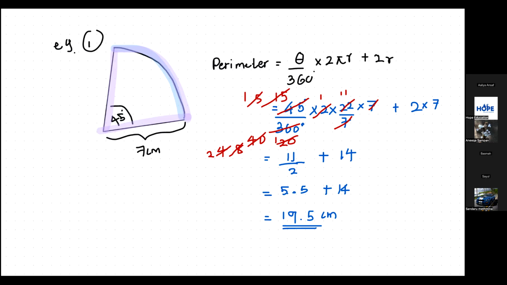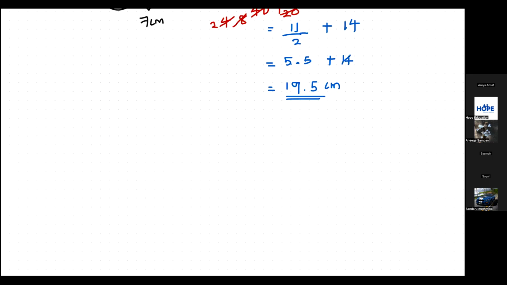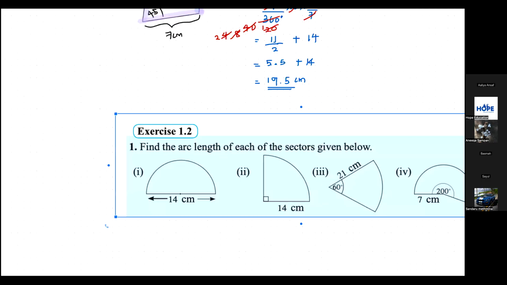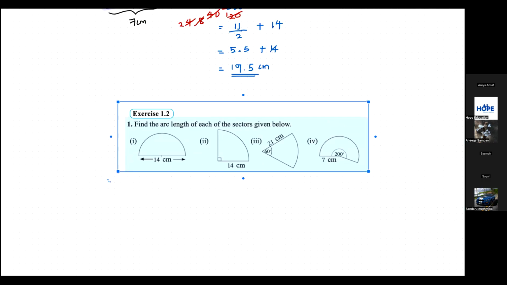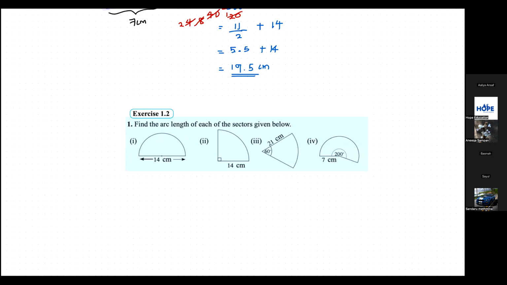Okay, everybody done, no? Let's move on to a question. Let's go to exercise 1.2. Okay, so this is exercise 1.2. I have included the exercise in the textbook as well on the board. Can you all try this? Let's try the first one and the second one.